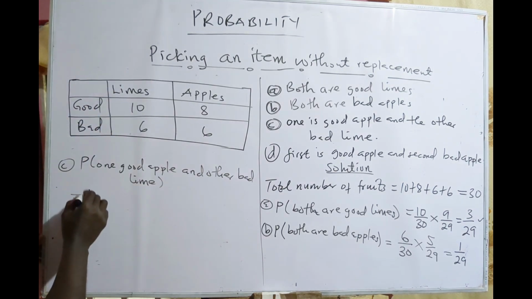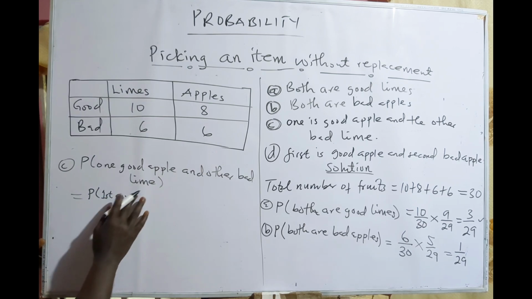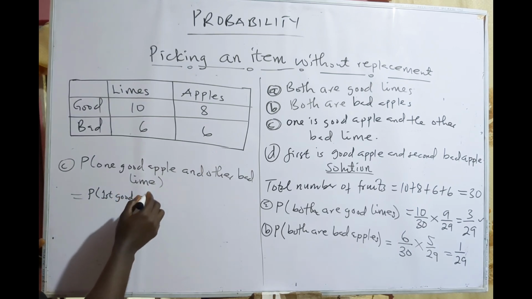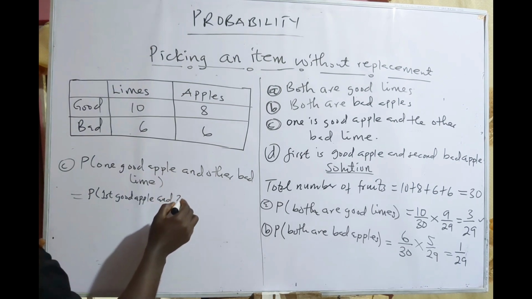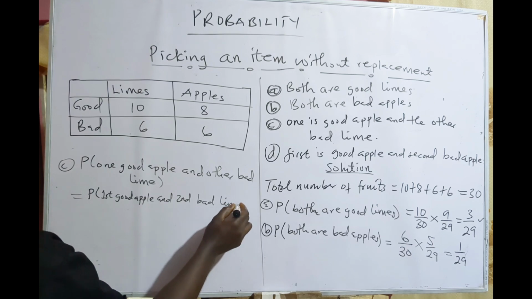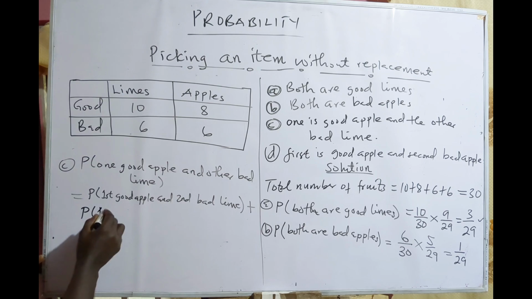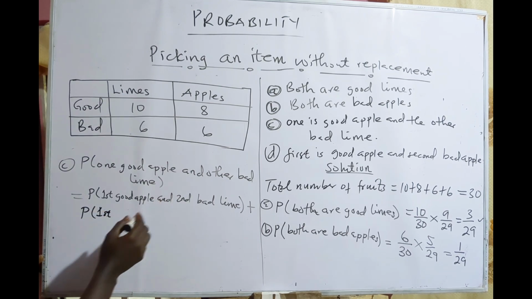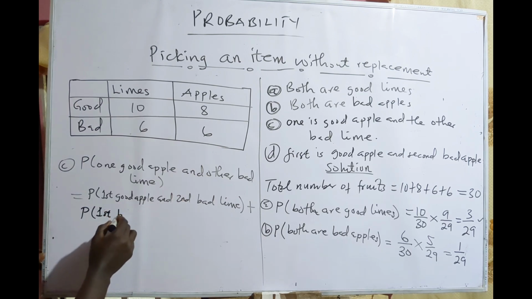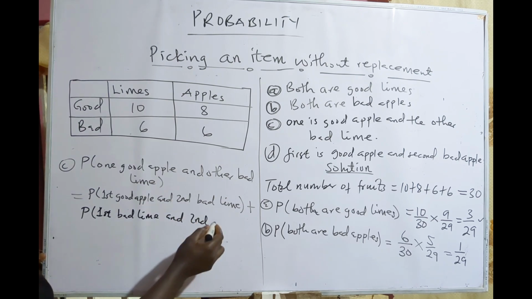So it can be that the first is a good apple and the second a bad lime, or the first is a bad lime and the second a good apple.